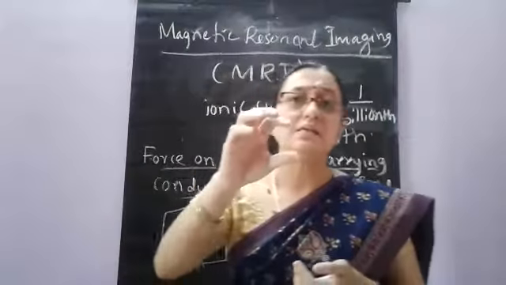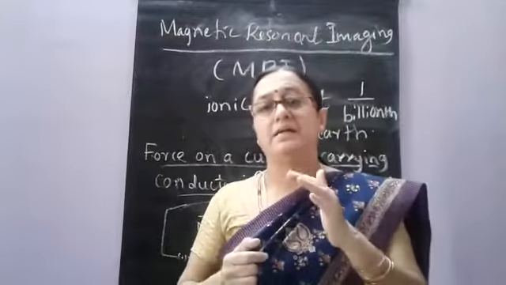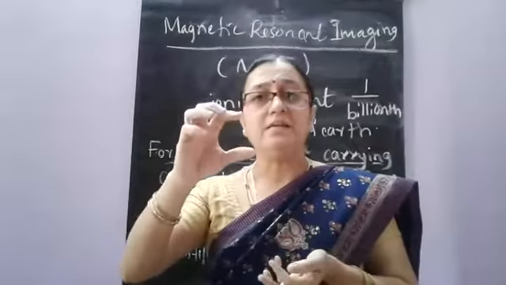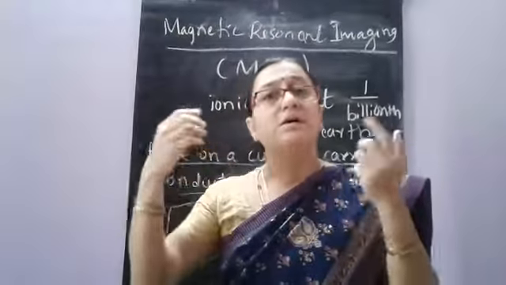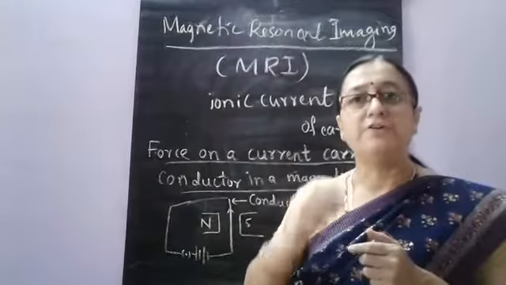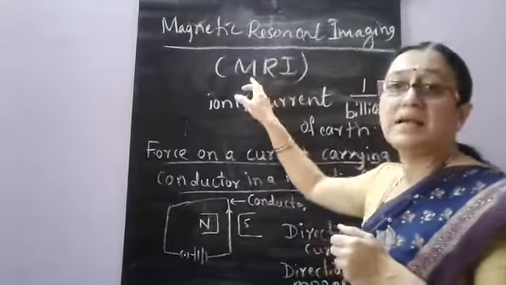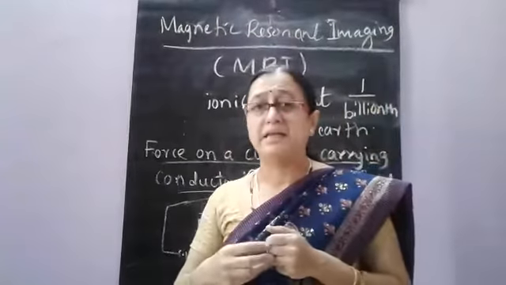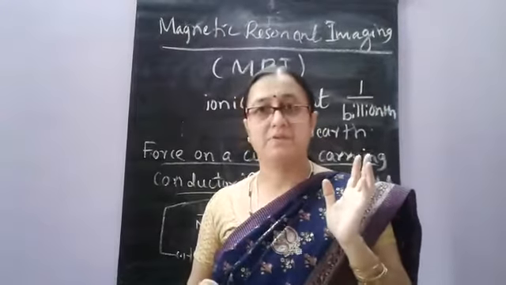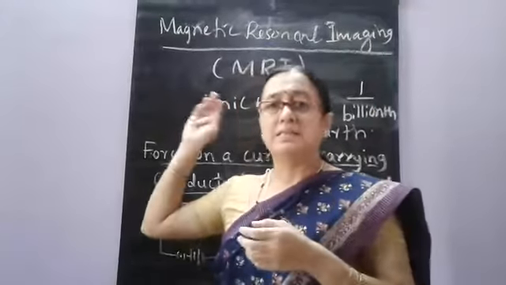But when these signals are exposed to a magnetic field from outside, then they will start responding to it. And we will get the image of the body organs. One of the important developments in the field of medicine is magnetic resonant imaging, called MRI. The general word is MRI scanning. Usually it is applicable to the brain and the heart, because these are the only two organs in our human body which produce these signals.